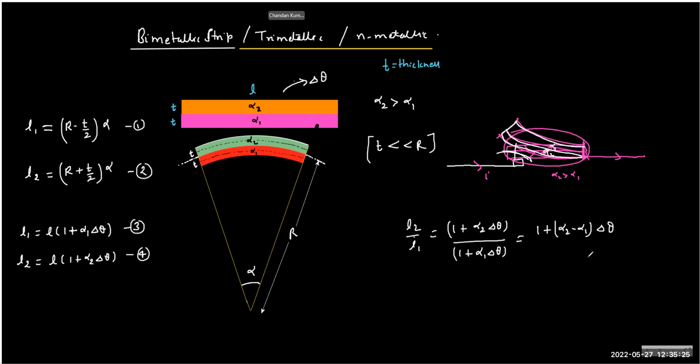Now, if I write the ratio from the above two relations, this is from 3 and 4, and 1 and 2, we can write it like this.